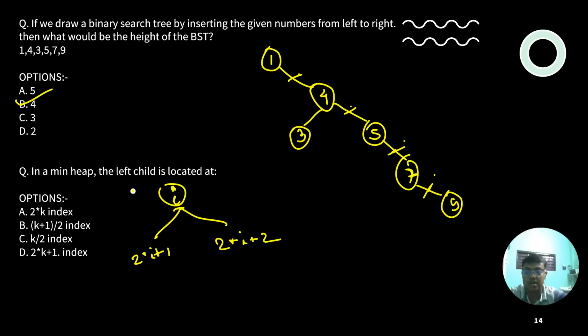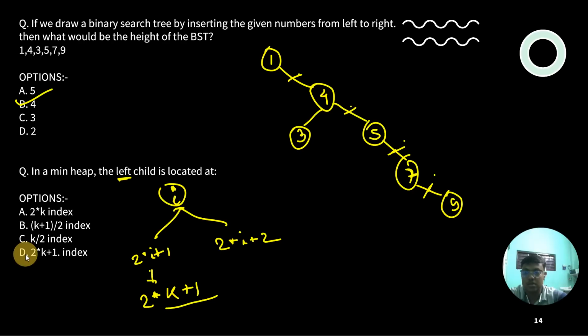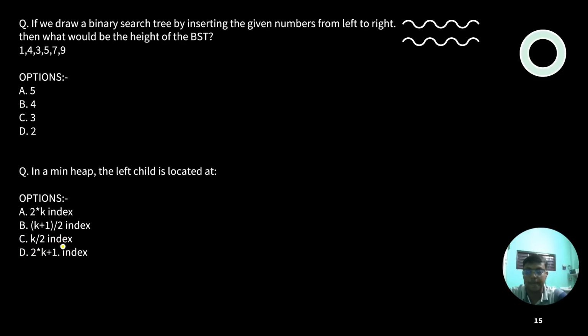For our question, we need to find the left child, so this would be the answer. Here, as we have k representation, we can represent it as 2 into k plus 1. So D is our correct option. Hope you all understood it. Let's move on to the next question.